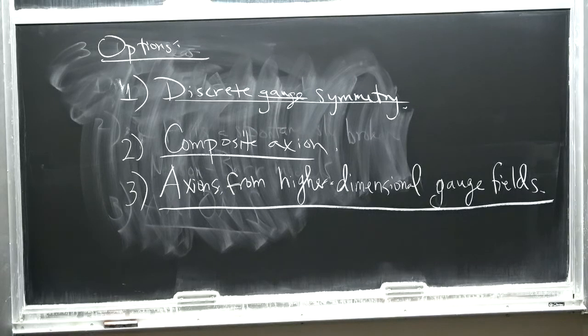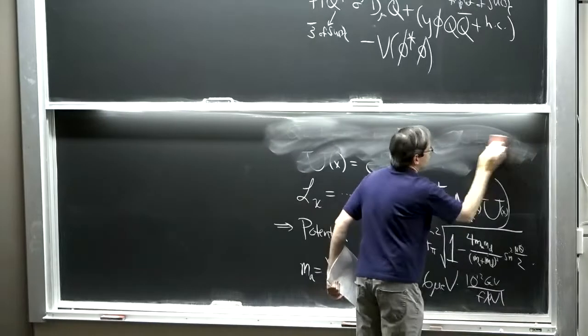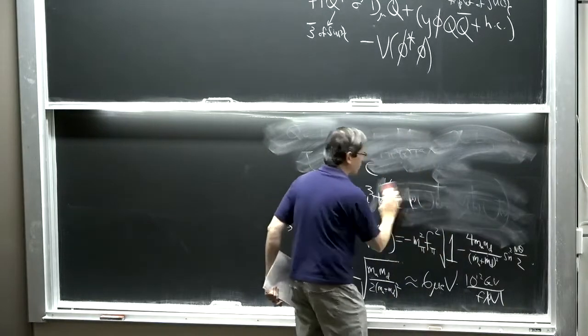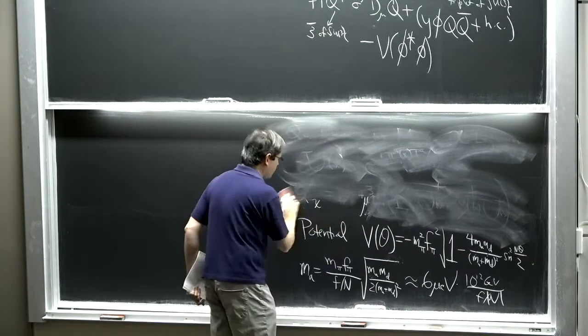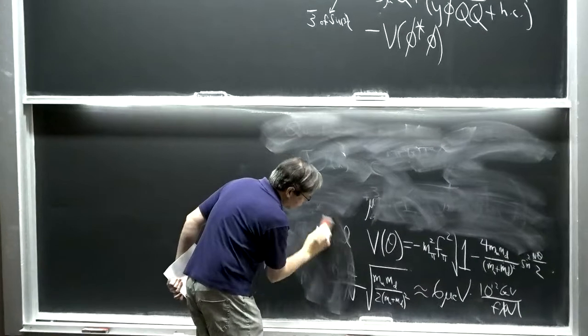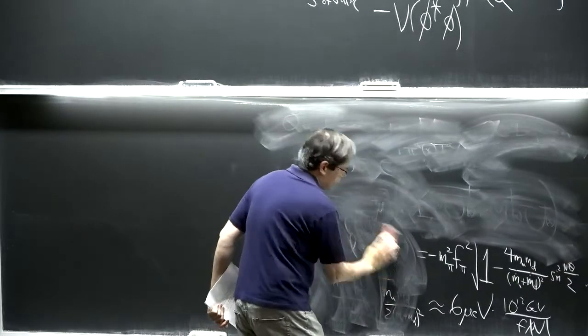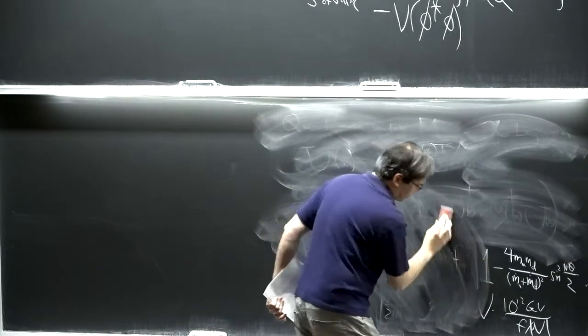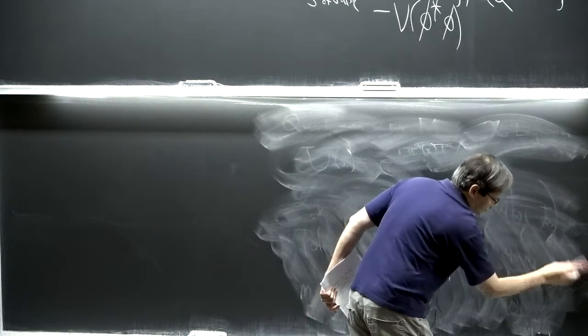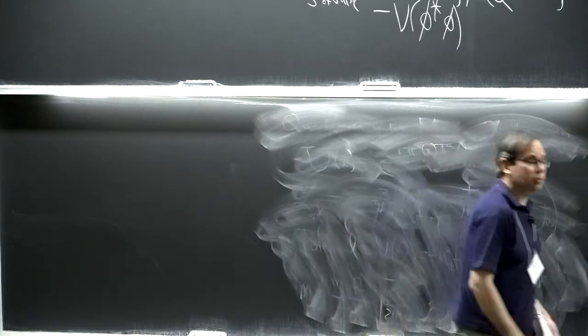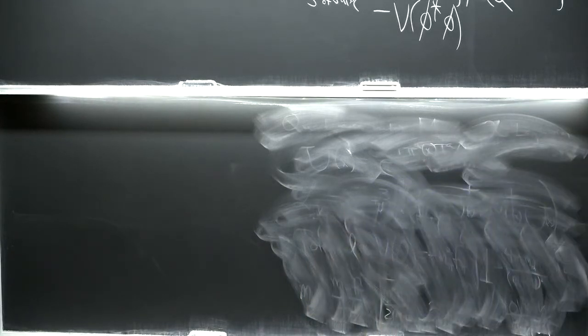Okay, so why is this model better at solving the axion quality problem than other models? It's basically because gauge fields are very constrained. My theta came from a gauge field.